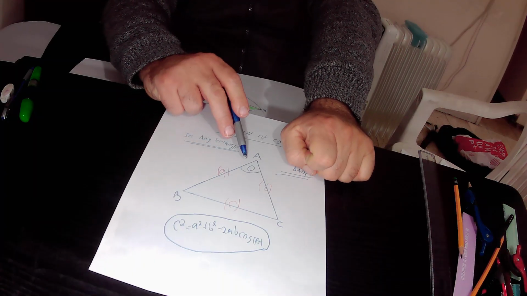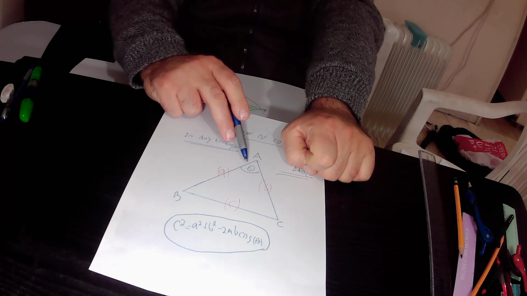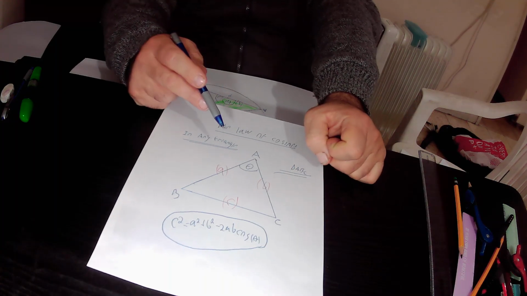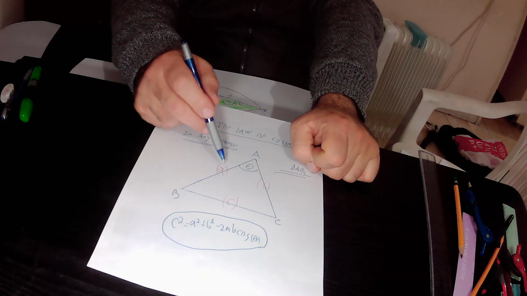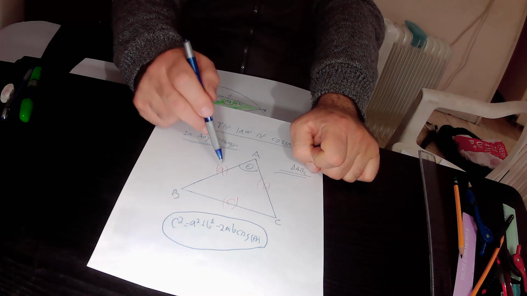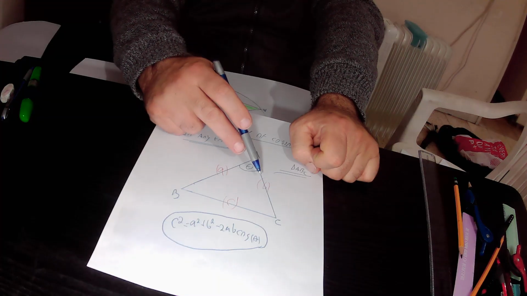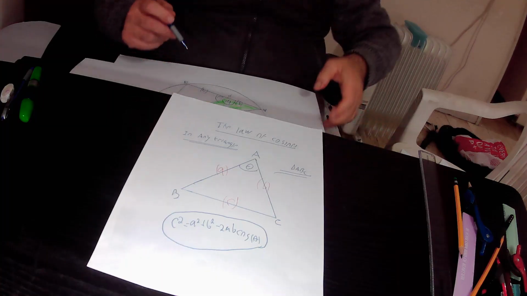This is angle BAC, which equals theta degrees according to our definition. So in this triangle ABC, according to the law of cosines, the following equation is true. C squared equals A squared plus B squared minus 2 times A times B times cosine theta. Again, C squared equals A squared plus B squared minus 2 times A times B times cosine theta.